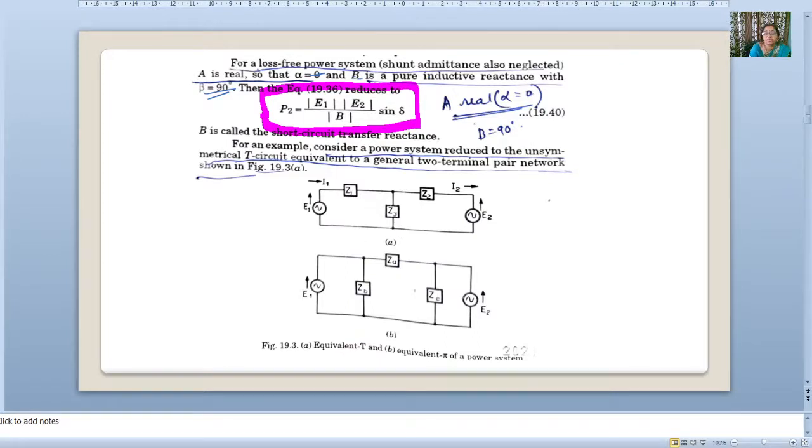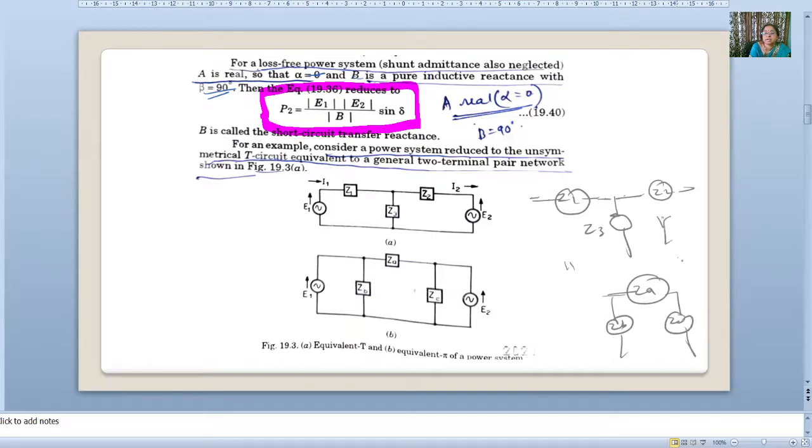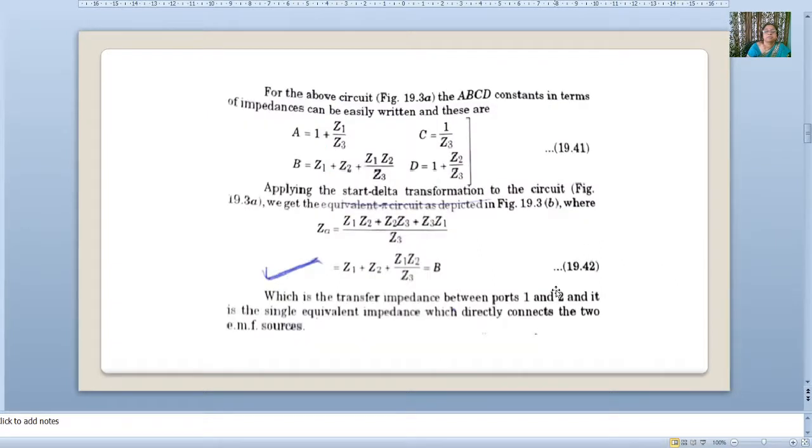This is our T network, with Z1, Z3, and Z2. Now we need to convert this into pi, with ZA, the transfer reactance, ZB and ZC. This star we need to convert into delta.